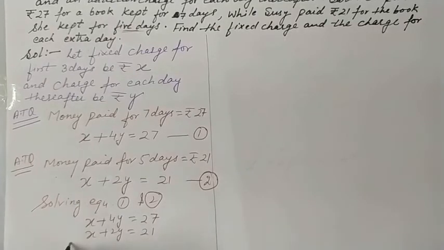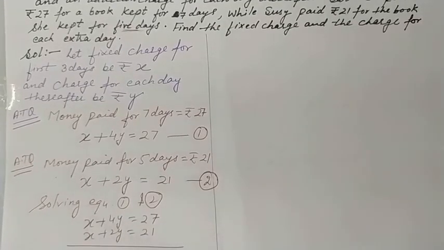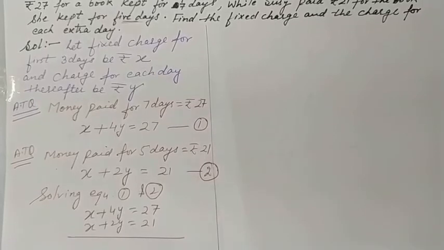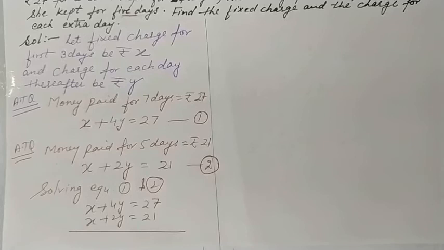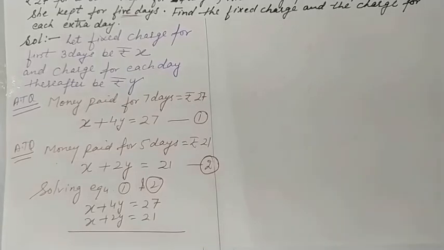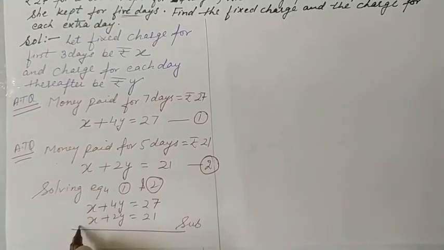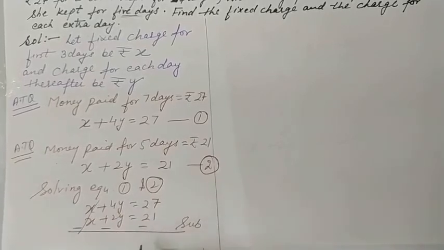We'll solve this by the elimination method. In the elimination method, we need to make the coefficients of either X or Y the same in both equations. Here the same coefficients are already there, and their signs are also the same. So we'll subtract these two equations. The signs will be changed, so this is cancelled. So what is left here?